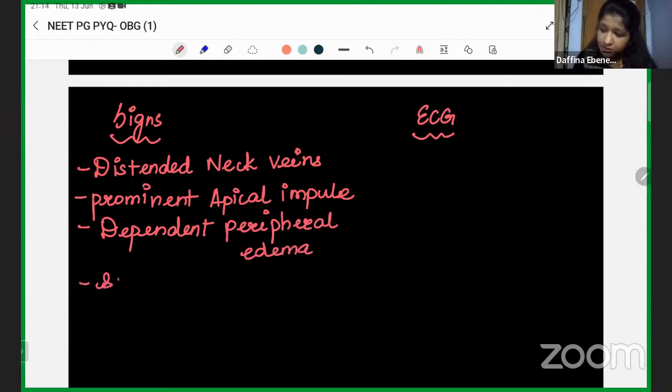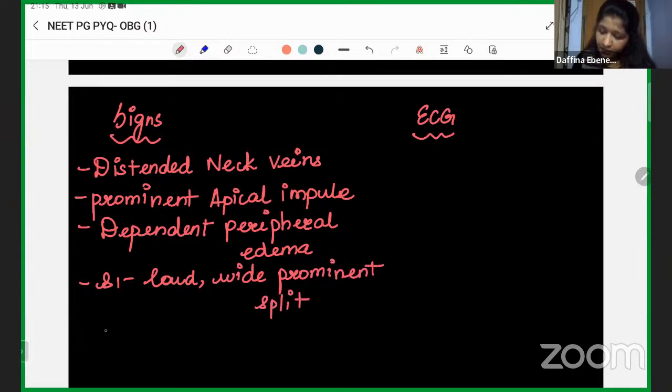Heart sounds: S1 will be loud, with a wide, prominent split, and an easily heard S3. These are the different signs that can occur.